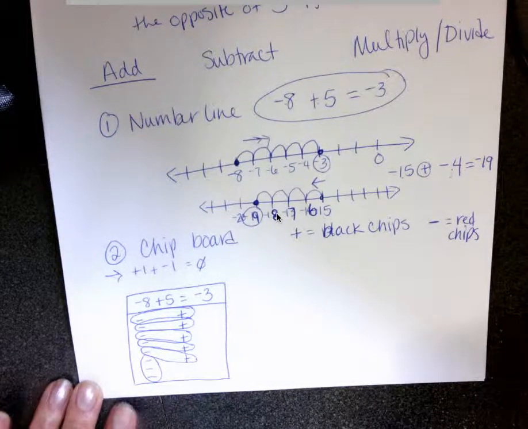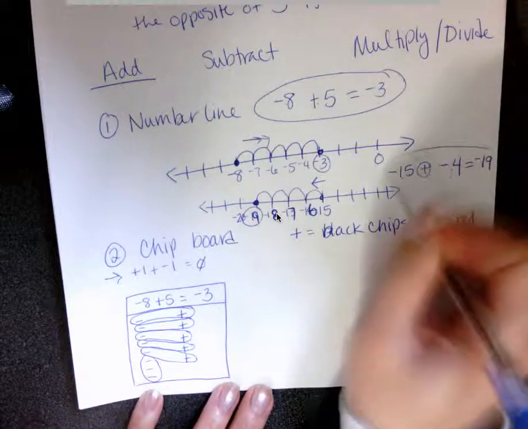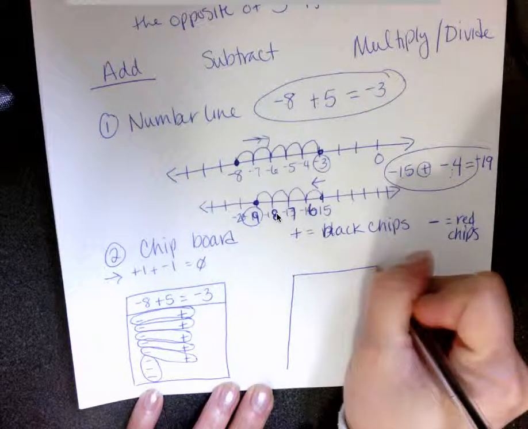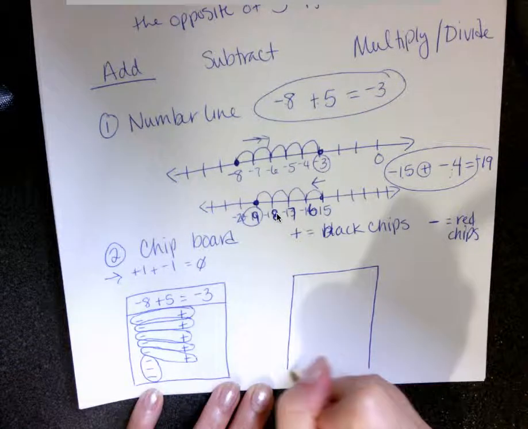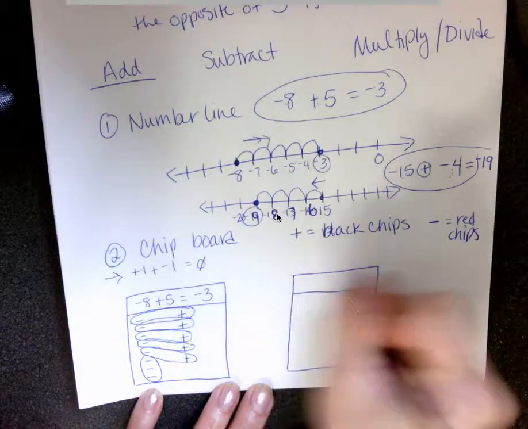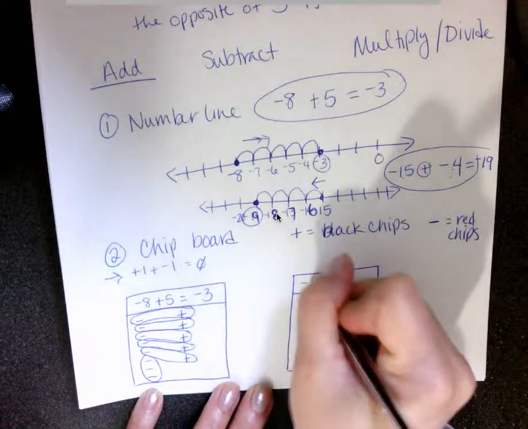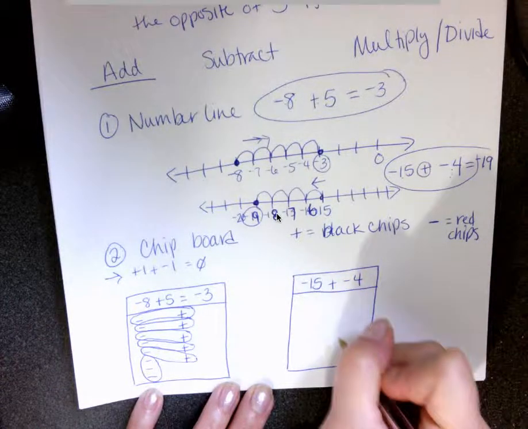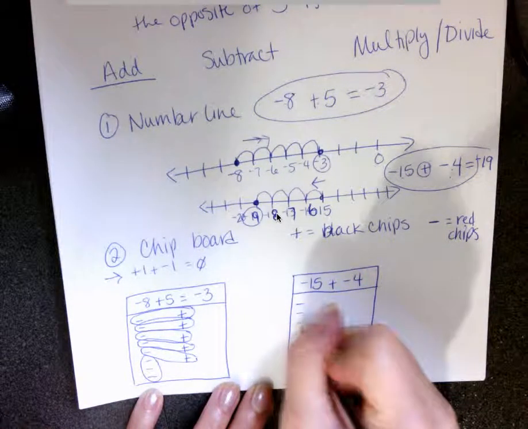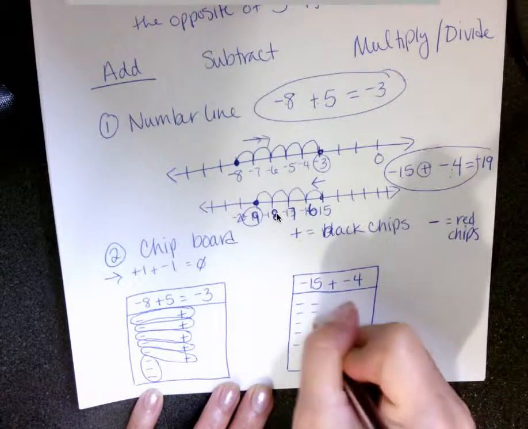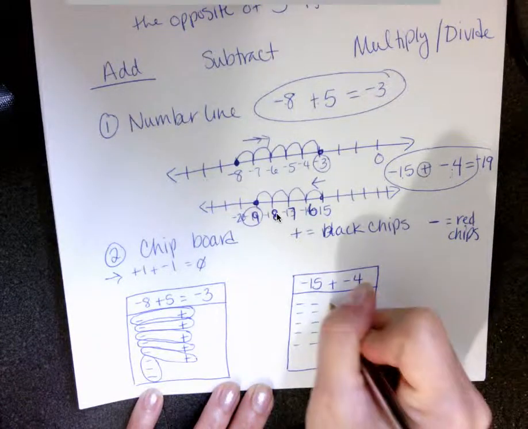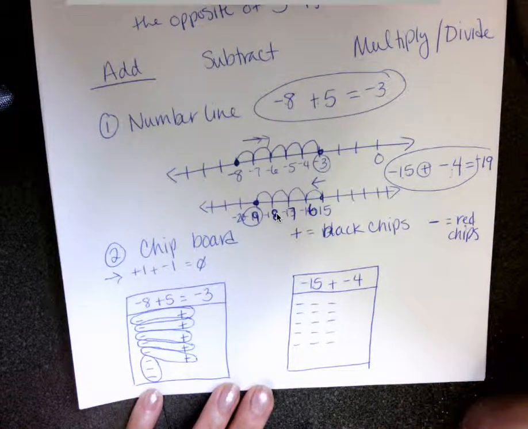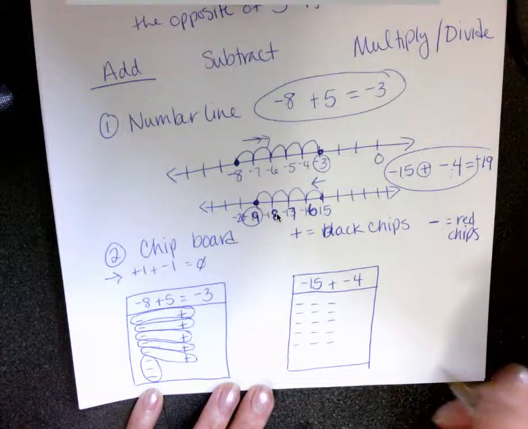All right. We can do it exactly the same with our other problem that we had. Negative 15 plus negative 4. So I start with my chipboard, write my problem up here. I'm going to start with my negative 15. 1, 2, 3, 4, 5, 6, 7, 8, 9, 10, 11, 12, 13, 14, 15. Okay, and I'm adding to that 4 more negatives.